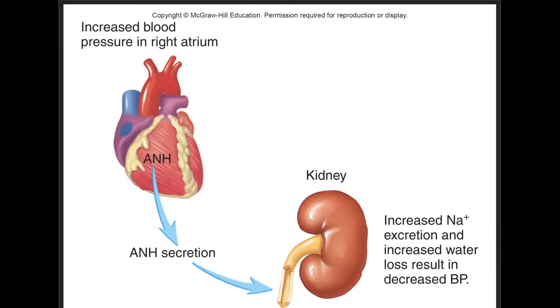Now, your ANH acts on the kidney to decrease sodium reabsorption, and the sodium ions remain in the nephron to become urine. It will increase the loss of sodium and water, reduce blood volume, as well as reduce blood pressure. Okay, I hope this one is clear.